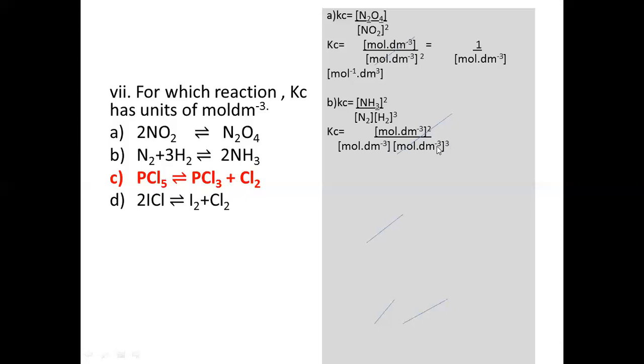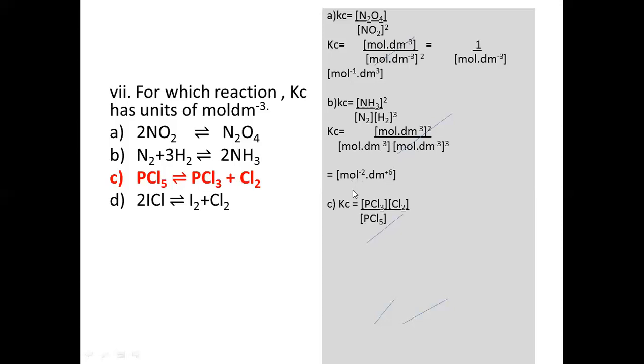So 1 plus 1 is 2 moles. When these 2 moles go up, the positive term becomes negative, so it becomes negative 2, and the negative terms become positive. So minus 3 and minus 3 give us positive 6. Again, this is not our required unit.